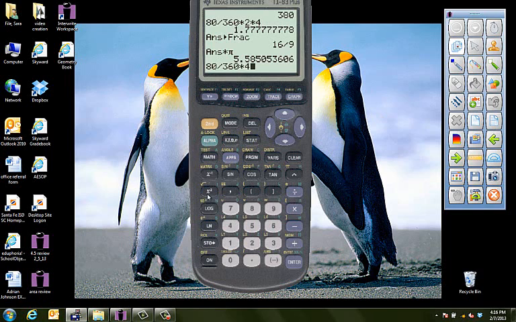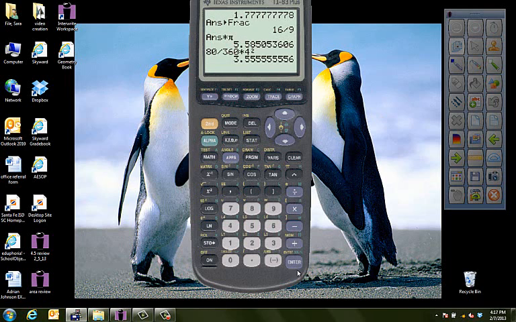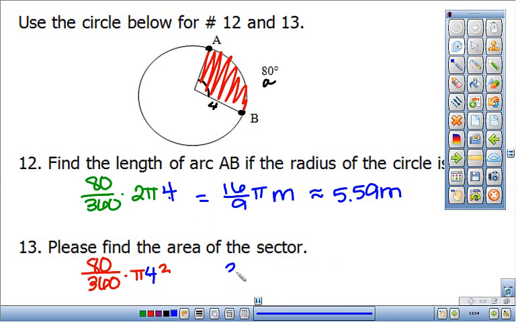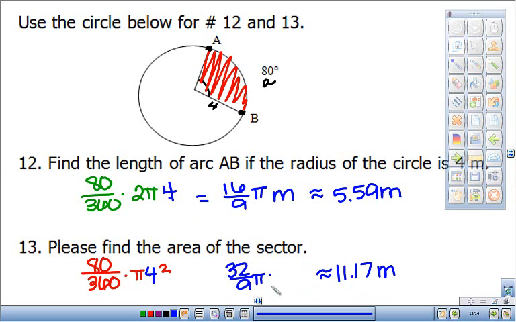Okay, again, hit math, enter to get it as a fraction. 32/9. And if we want it as a decimal, we'll multiply that by pi, and it would round to 11.17. So 32 over 9 pi, or 11.17. Also in meters. Okay, so these are two correct answers, just in a different form.